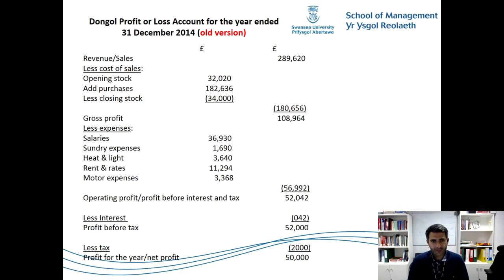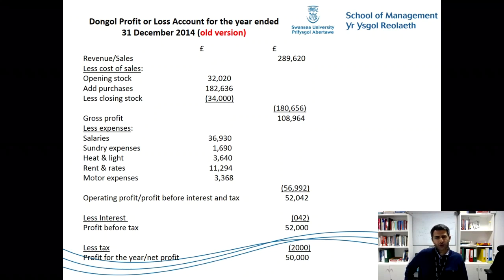So have a look. If we start here, we can see that we start with sales minus cost of sales, and the formula for cost of sales is opening inventory or stock plus purchases minus closing inventory.